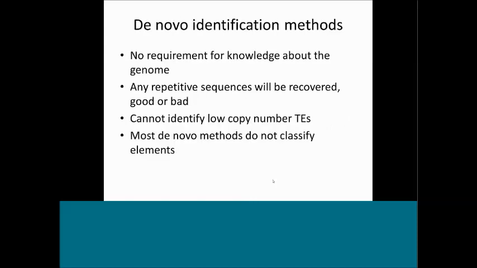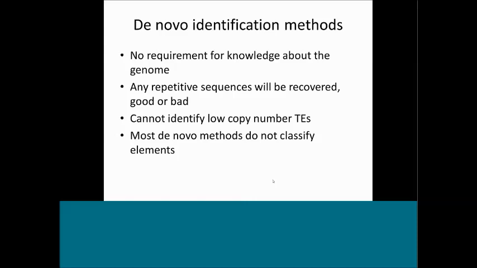The de novo method based on homology is very powerful because, as I showed you before, the most repetitive transposable elements contribute to a large part of the plant genome size. If you get the most abundant ones, you get a large part of the transposons in the genome.